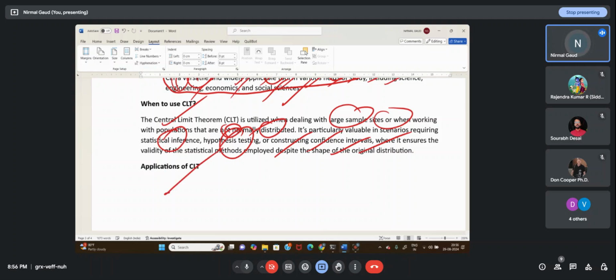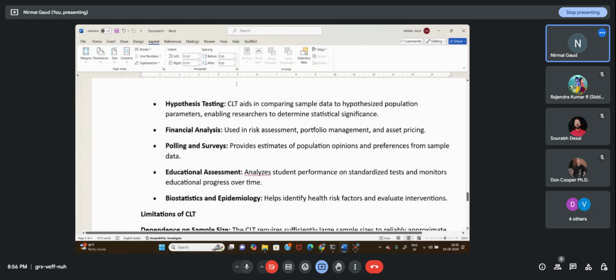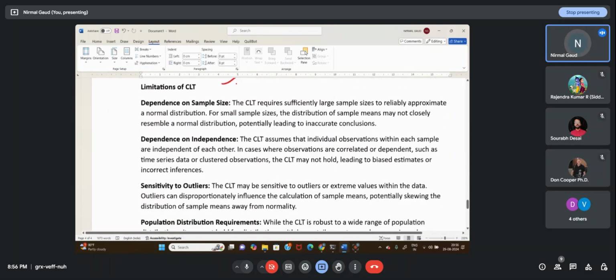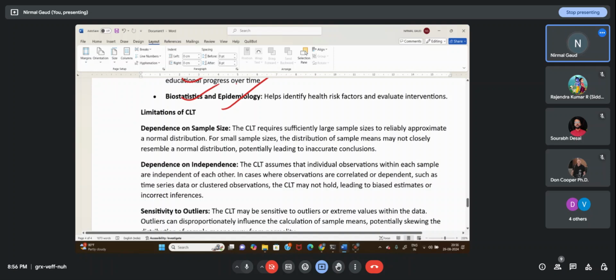What are the applications of CLT? Hypothesis testing, which we'll learn. Financial analysis, surveys, educational assessment, biostatistics. Okay, what are the limitations? It depends upon the sample size.